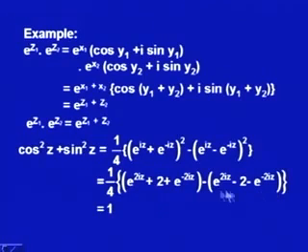We can see that these terms will get cancelled and we will have 2 + 2, that is 4, and this 4 and 4 will get cancelled and we will have 1. So similarly we can develop all those trigonometric formulas which we have studied for real variables. They can be proved for complex variables.